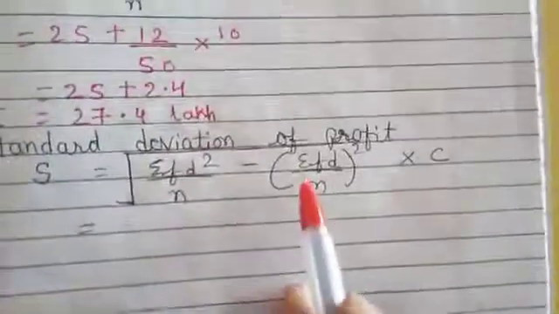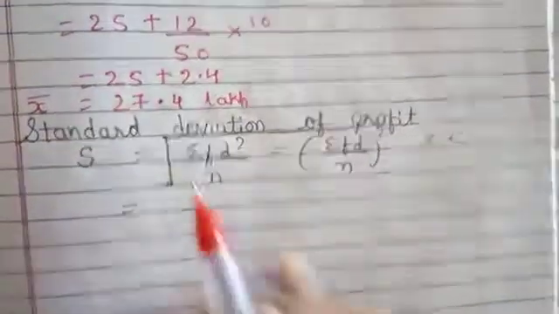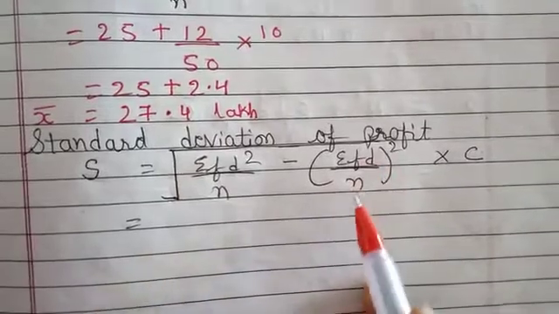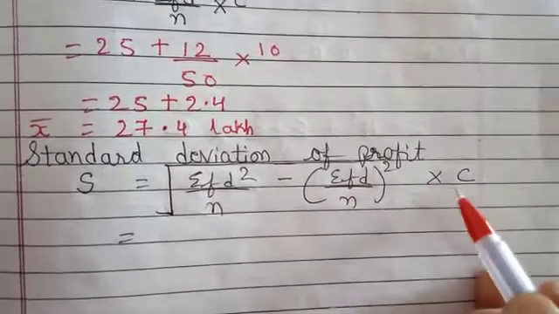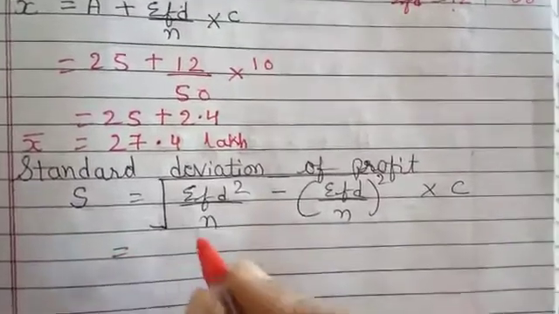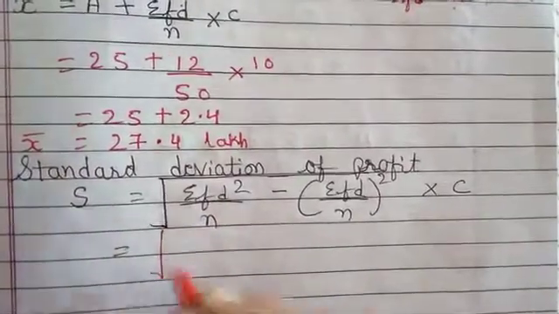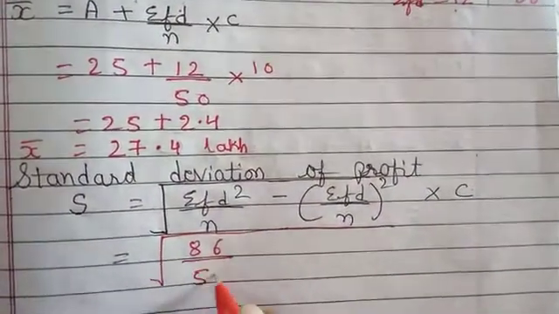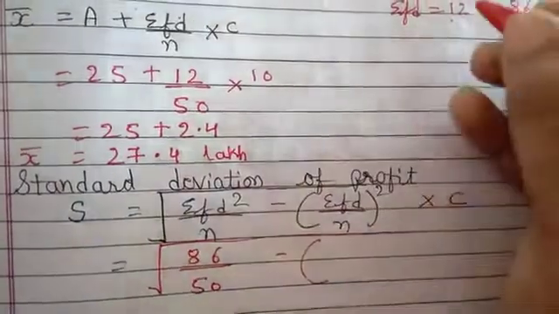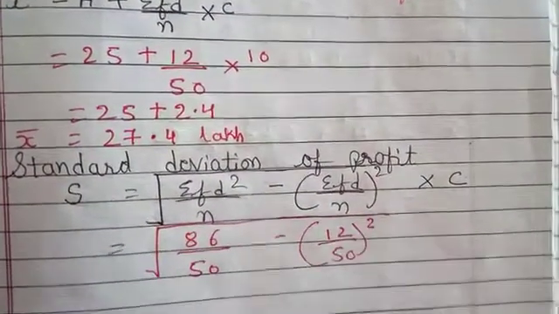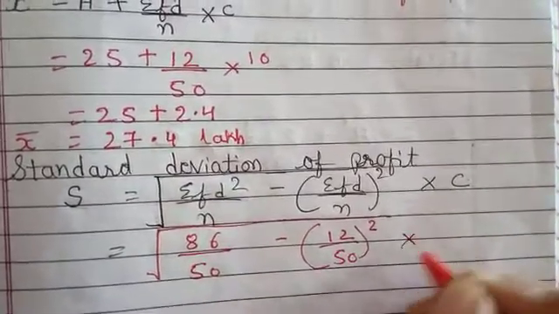Now the standard deviation of profit. So my standard deviation formula is square root of sigma FD square upon n minus sigma FD upon n whole square, into C. Now sigma FD square, what is my answer? 86 divided by n, that is 50, minus sigma FD, that is 12 divided by 50, whole square, into 10.